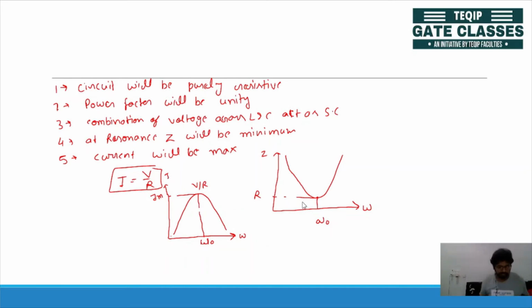Now let's discuss some parameters of a resonating circuit. So what is the cutoff frequency or half power frequency, and then we'll discuss the bandwidth. So what are half power frequencies, or cutoff frequencies?